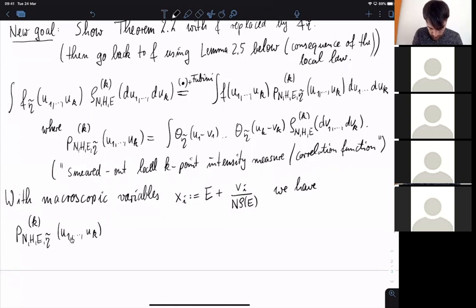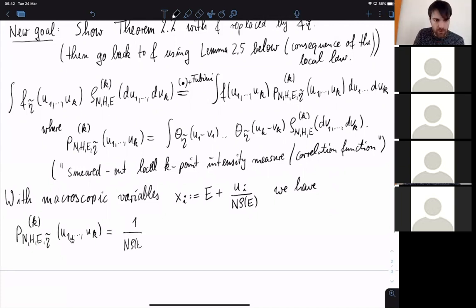The xi is just a function of ui, and these things here are anyway fixed. And now we want to express this here as a function of x. We also rescale the measure. So this needs a little computation. Let me give you the result first, and then I say something about the proof.